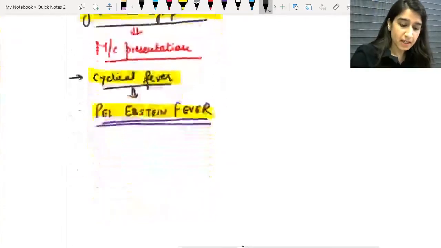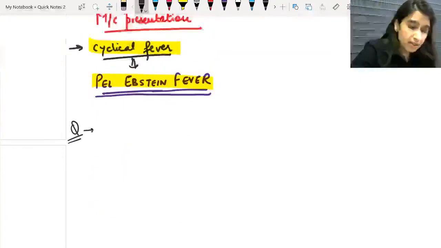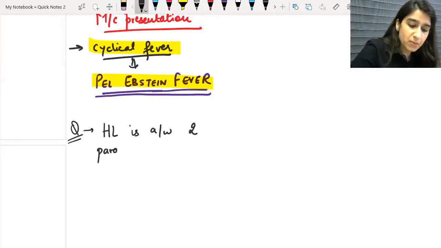Now there is a very important MCQ that has been asked: Hodgkin's lymphoma is associated with 2 paraneoplastic syndromes. Which are those paraneoplastic syndromes?